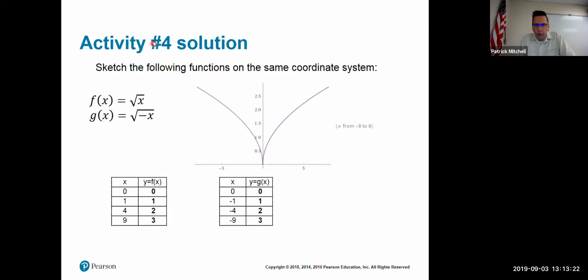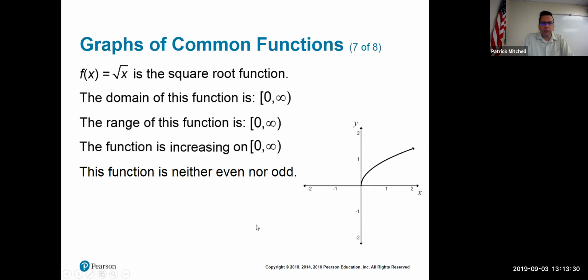And we are also officially introduced to our square root function. So let's talk about that. F of x equals the square root of x is your square root function. Its domain and range are both non-negative numbers, because when you squash this graph down onto the x-axis, you only hit non-negative numbers.